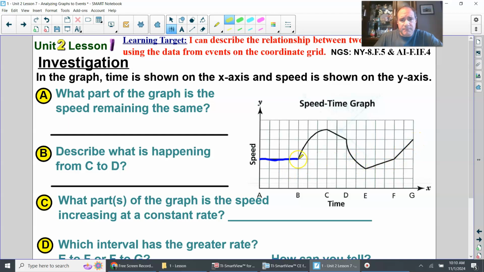So the speed remains the same, and we're going to put this from A to B. Describe what is happening from C to D. So I'm going to draw my little dotted lines down. C to D, the speed is decreasing.